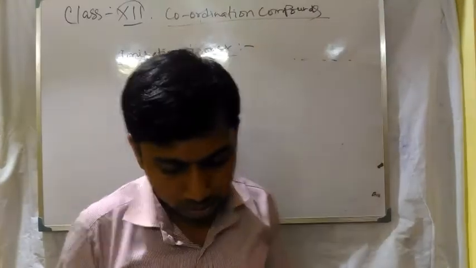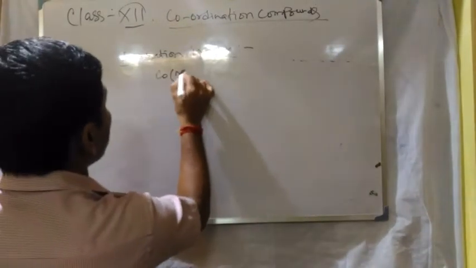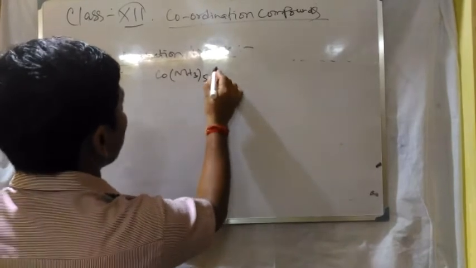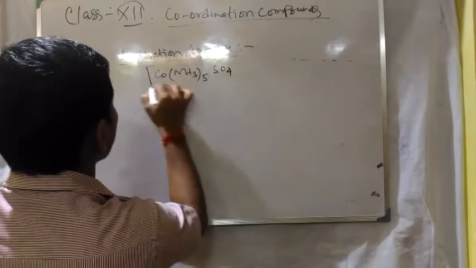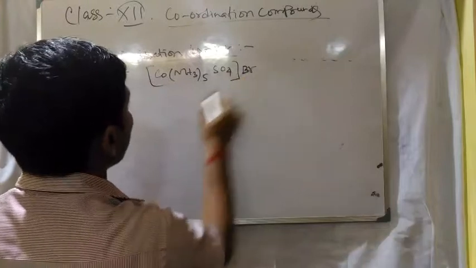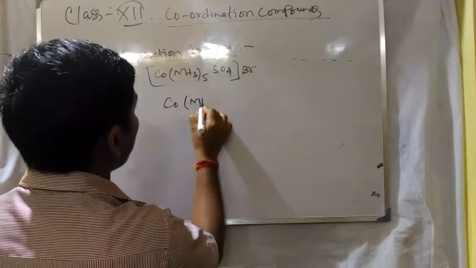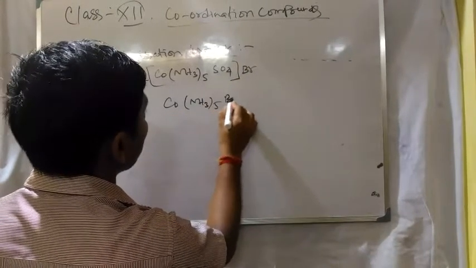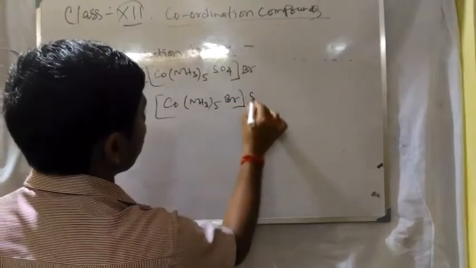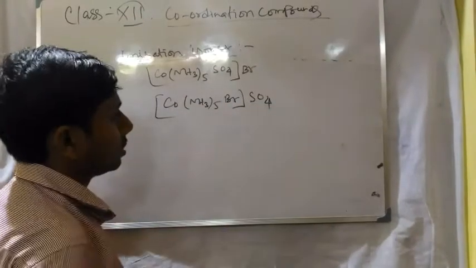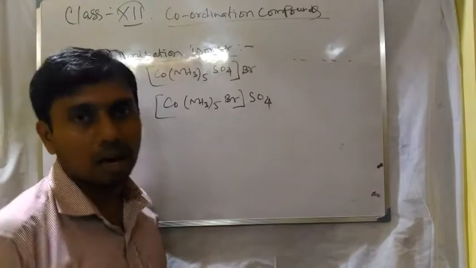One example of this type is [Co(NH3)5SO4]Br and [Co(NH3)5Br]SO4. Now follow the structure. Both of these are isomers of each other.